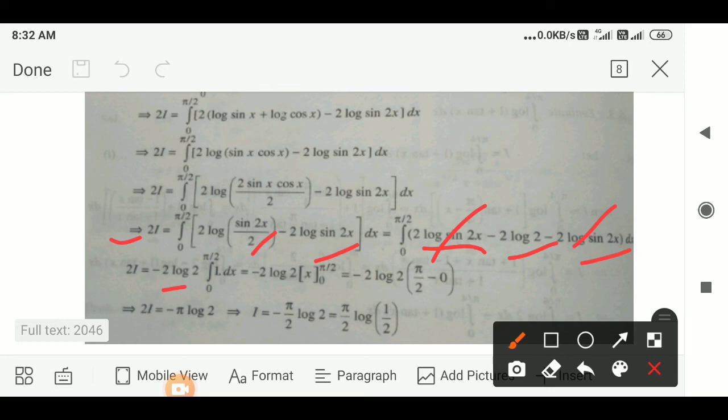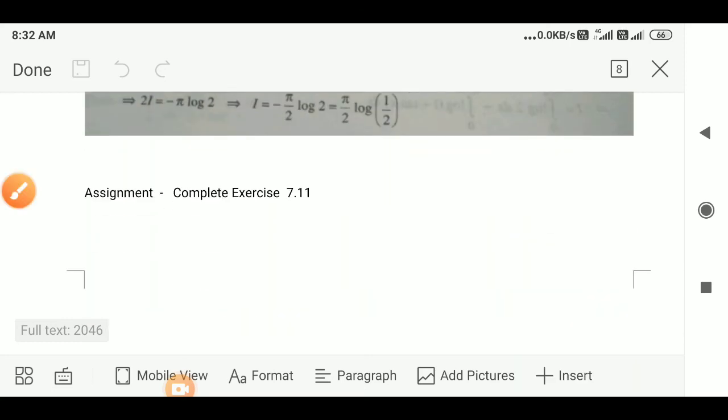So this is equal to minus log 2 times pi by 2 minus 0, putting the limit, so we get 2I is equal to minus pi by 2 log 2. This is the result.